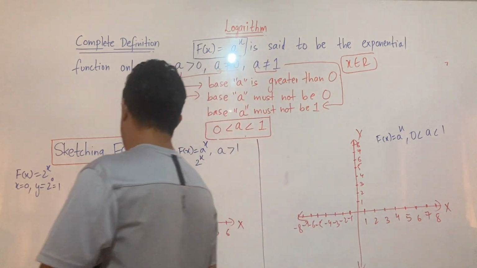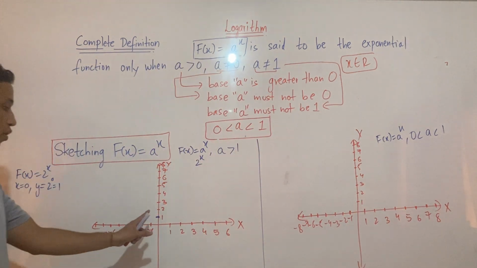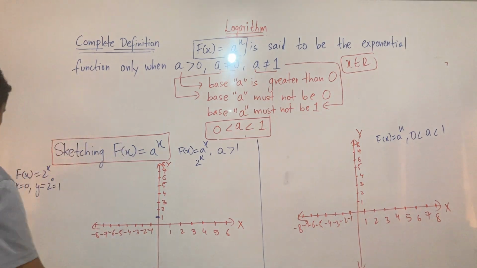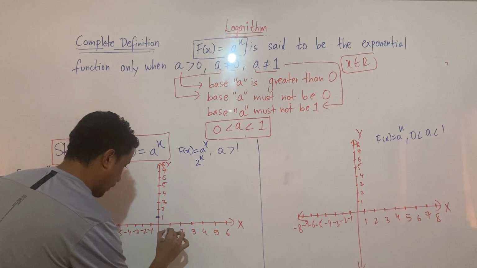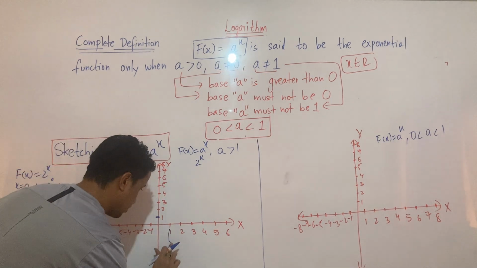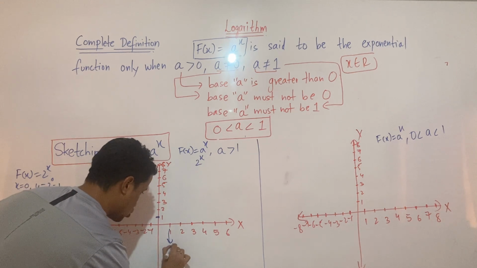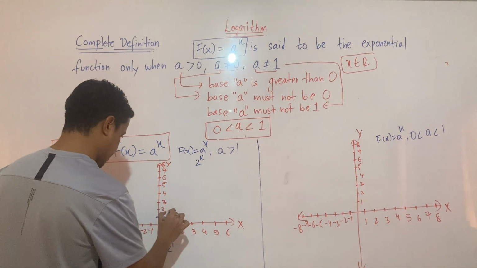Okay, so here I got the value of y as 1, right? Then for x equals 1, the value of y is 2 raised to the exponent 1, which means this point, right?